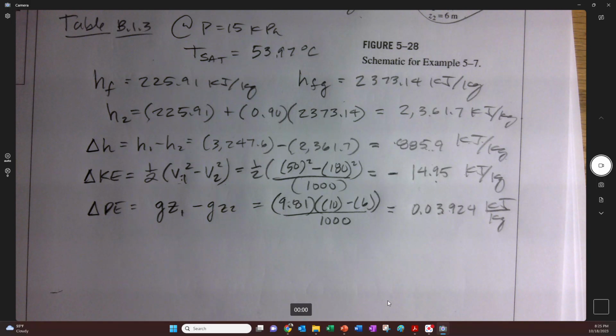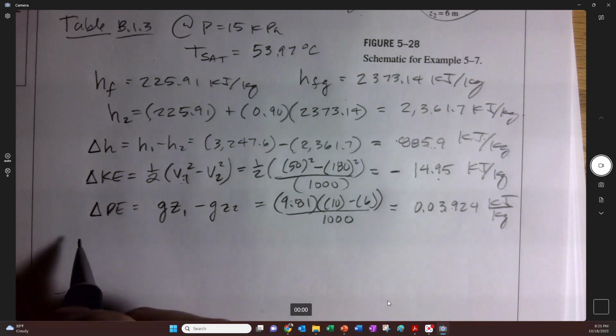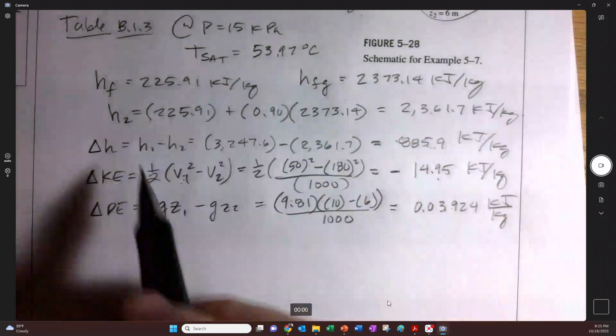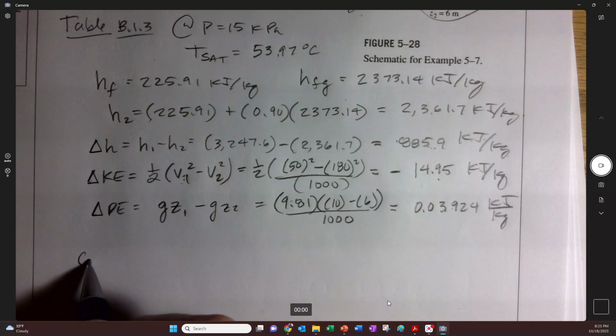Now we want to find how much work was done on a per mass basis. So we didn't write out the big equation. Let's write out the big equation.